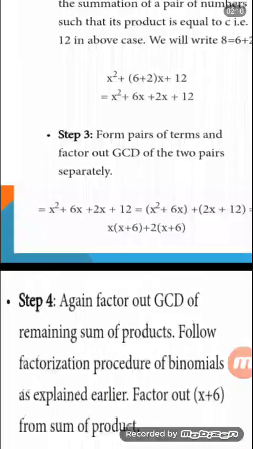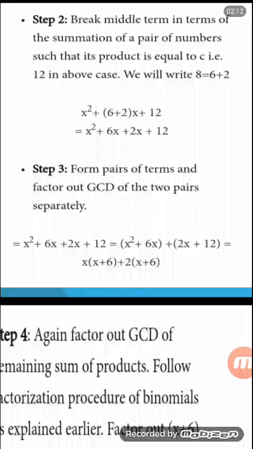Step number 2 is break middle term in the terms of the summation of a pair of numbers such that its product is equal to C, that is 12. In above case, we will write 8 is equal to 6 plus 2. You have to split the middle number into two numbers, that is 6 and 2.